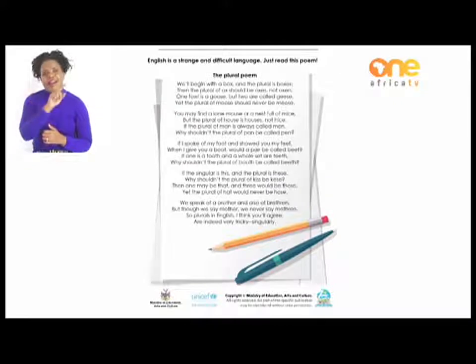Then one may be that and three would be those, yet the plural of hat would never be hose. We speak of a brother and also of brethren, but though we say mother, we never say methren. So plurals in English, I think you'd agree, are indeed very tricky, singularly.